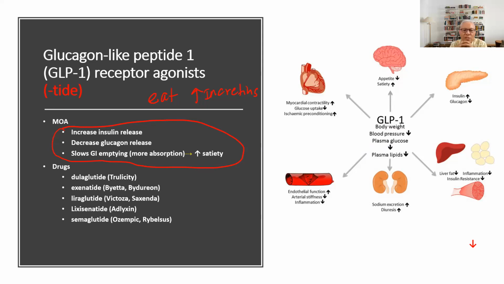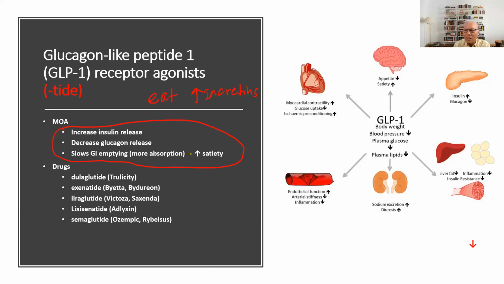Now, what is interesting about these drugs? These drugs are self-injectable, and the frequency of injection depends on the drug. Different drugs like your Victoza, your liraglutide, is a once daily injection.